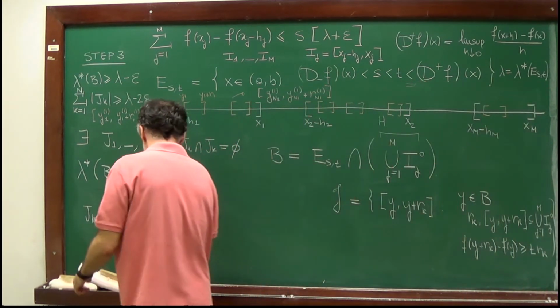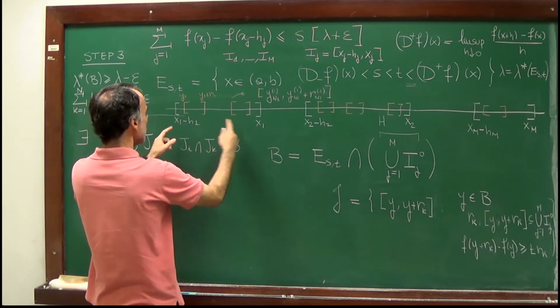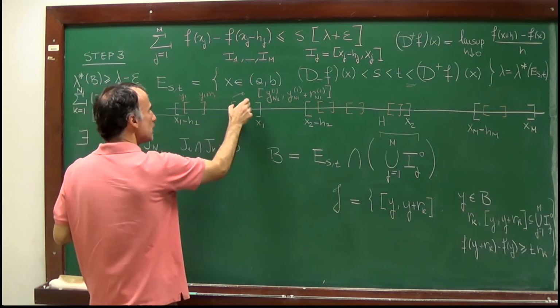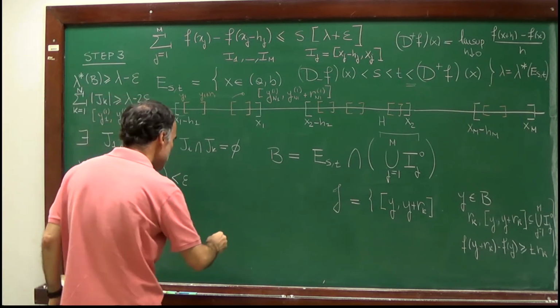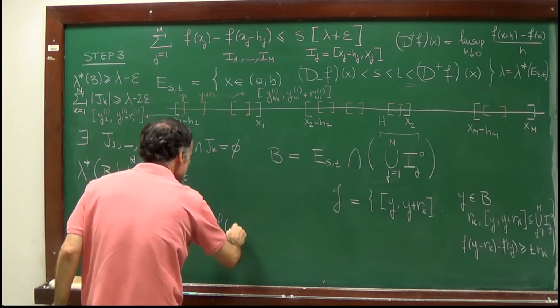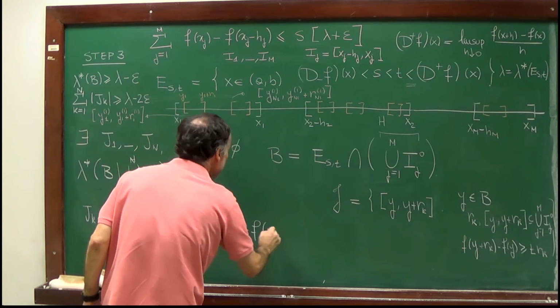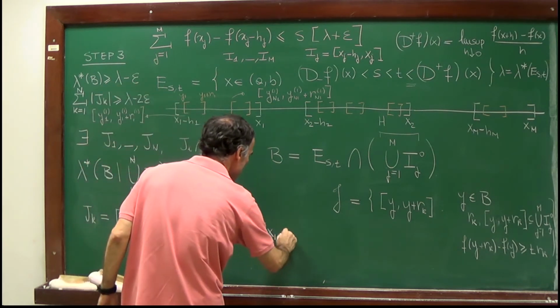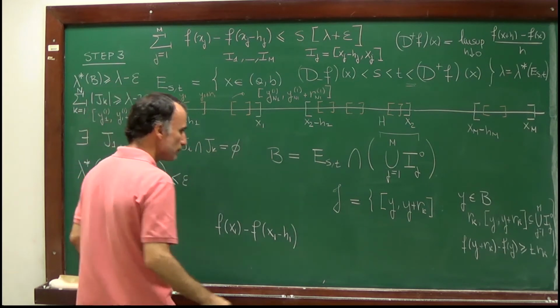And what I'm saying is that the total increment of my function f over this interval is larger than the sum of the increments because f is monotone. So this is f of x1 minus f of x1 minus h1. So this is the increment of f over this interval.